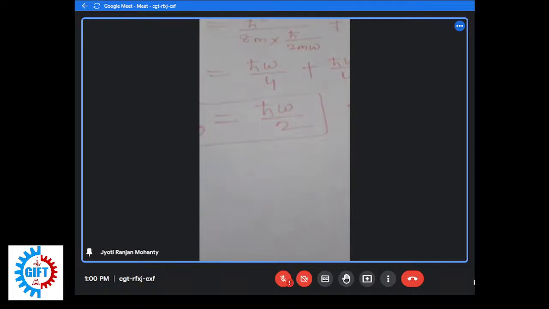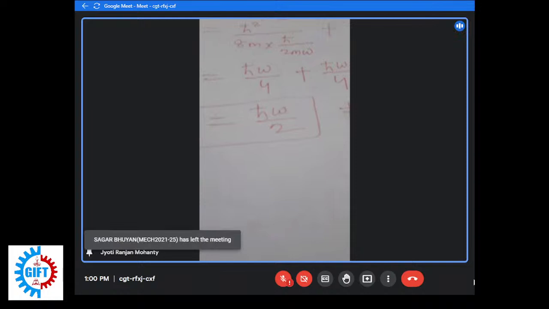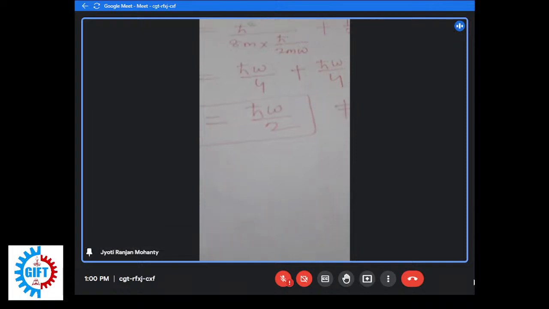Hence, the ground state energy of a linear harmonic oscillator cannot be 0.